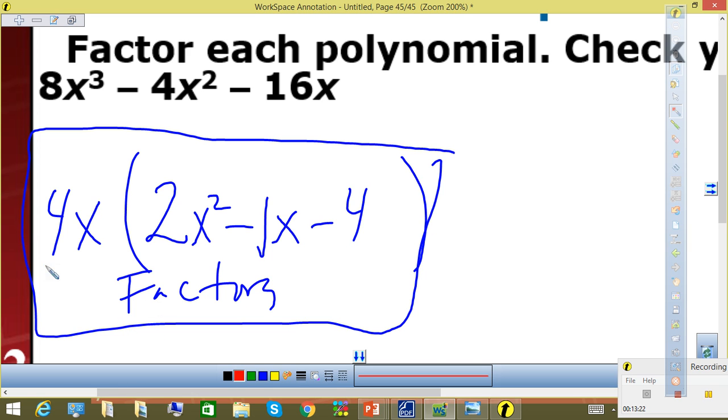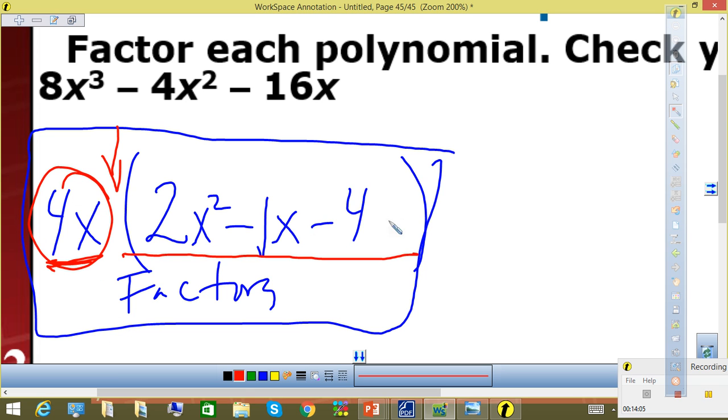Here are the factors. This is one factor, and this is a second factor. Why are they factors? Because they're doing what here? Multiplying. Factor number 1, factor number 2. Label that, please, so that you won't forget. That's why we're going through the process of factoring, because we're finding our factors. Do another one.